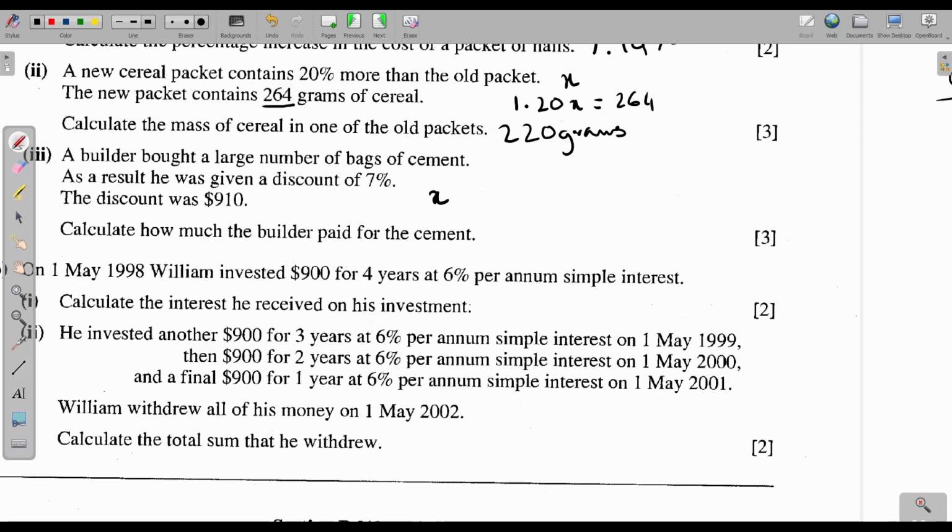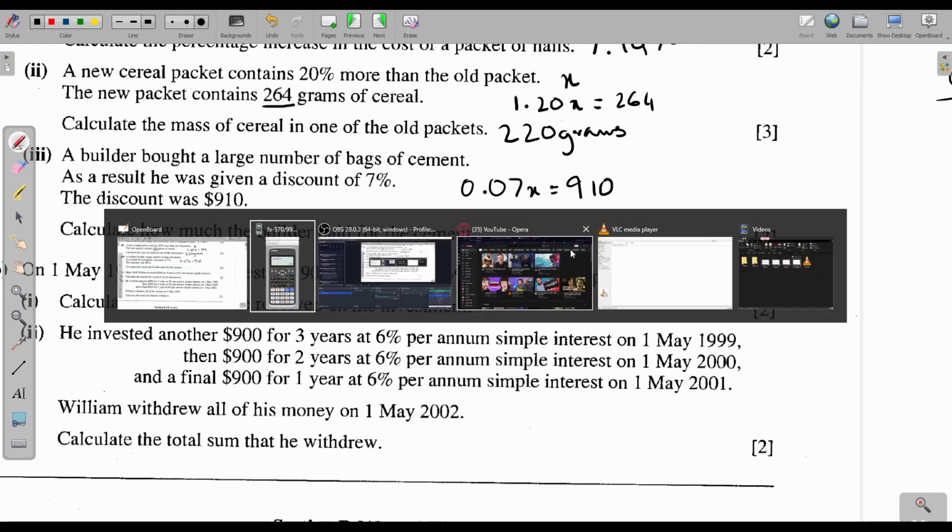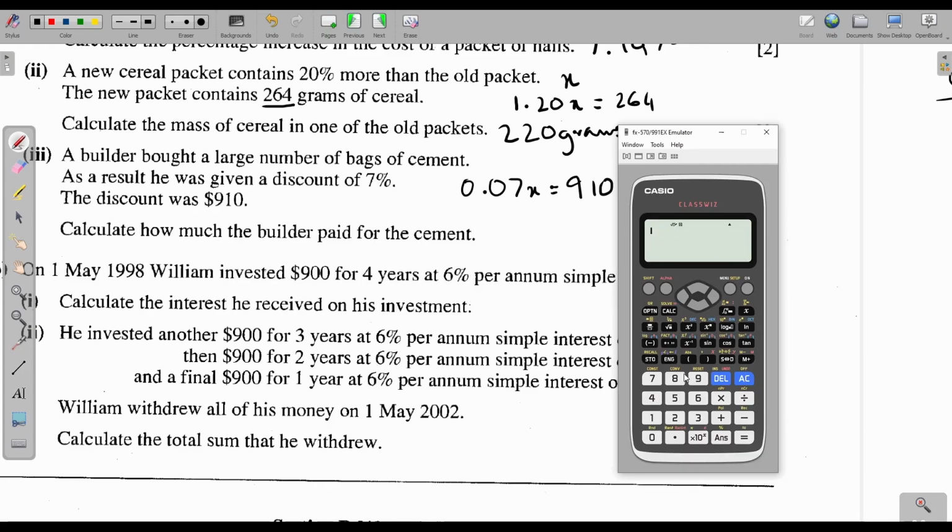So X was the original price, and then he subtracted 0.07X from X, right? 0.07X was basically his discount. So that was 910. So we can use this to get the original price. 910 divided by 0.07 gives us 13,000.